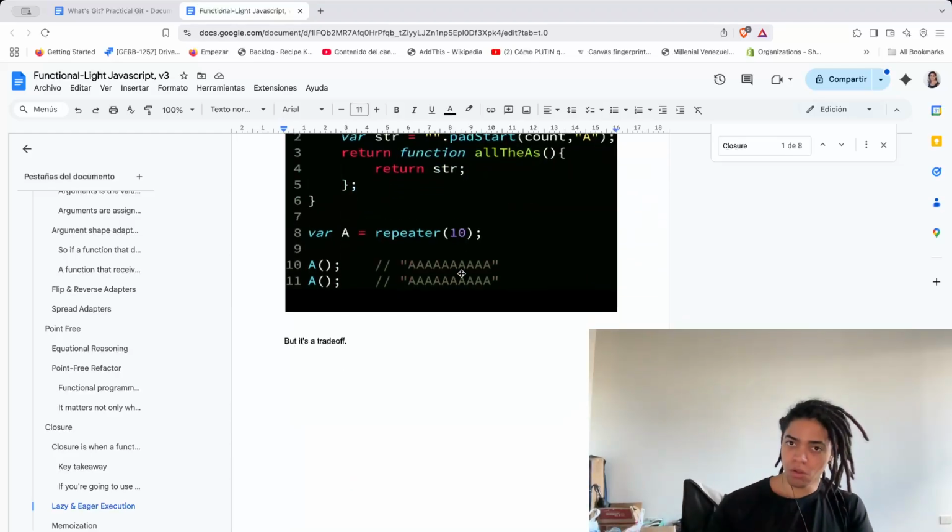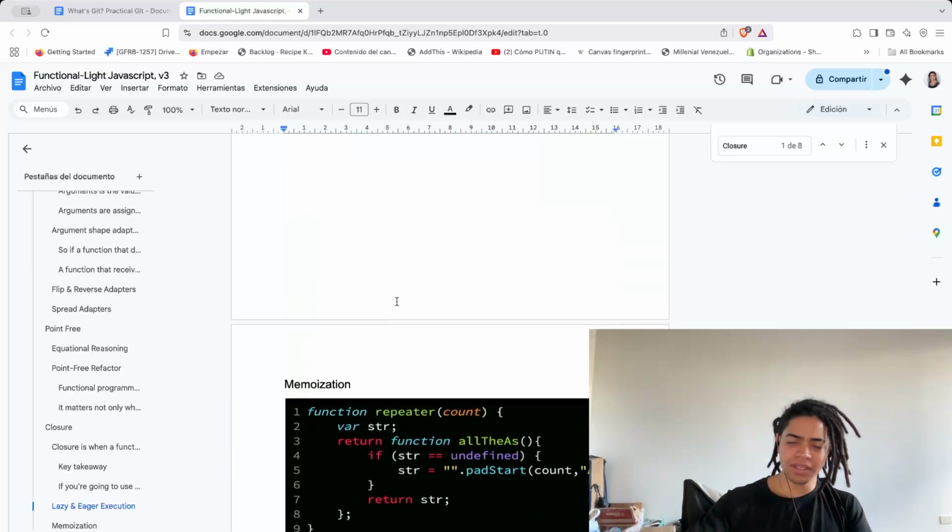Because it's all going to depend on when you need to call these functions to compute something. Sometimes you want to do that early, or you want to have much more control by triggering that lazily.